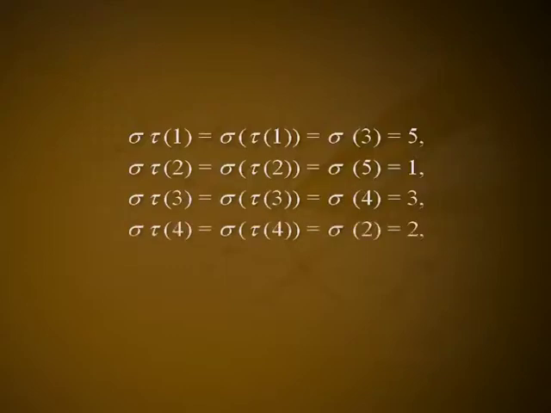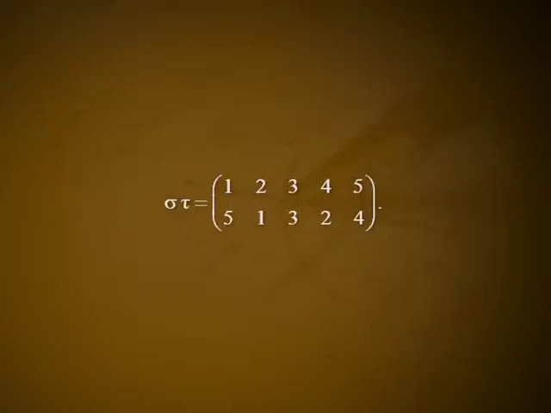Sigma tau of 4 is equal to sigma of tau of 4, which is equal to sigma of 2, which is equal to 2. Sigma tau of 5 is equal to sigma of tau of 5, which is equal to sigma of 1, which is equal to 4. In the standard notation, we have sigma tau equal to the permutation 1 to 5, 2 to 1, 3 to 3, 4 to 2, 5 to 4.